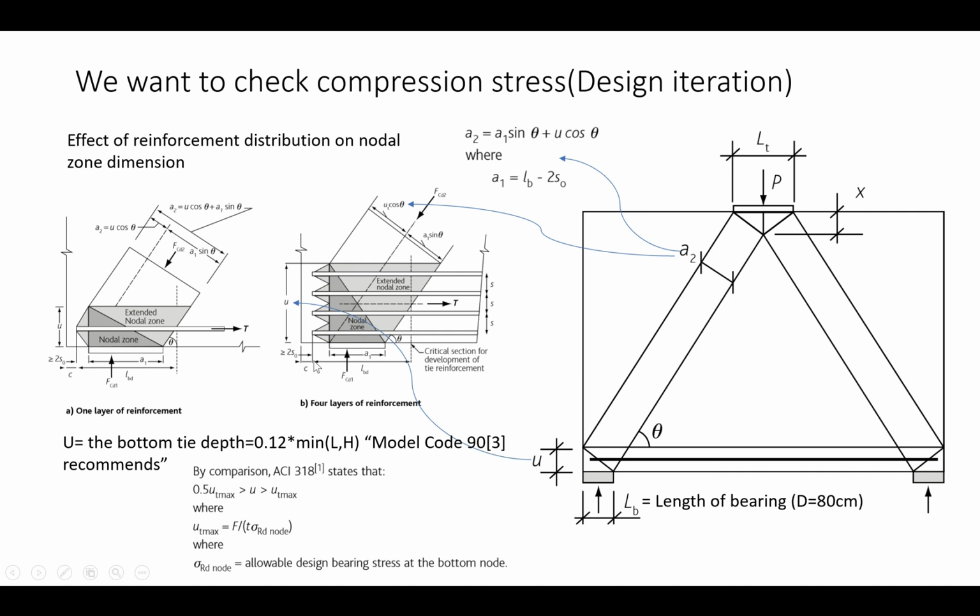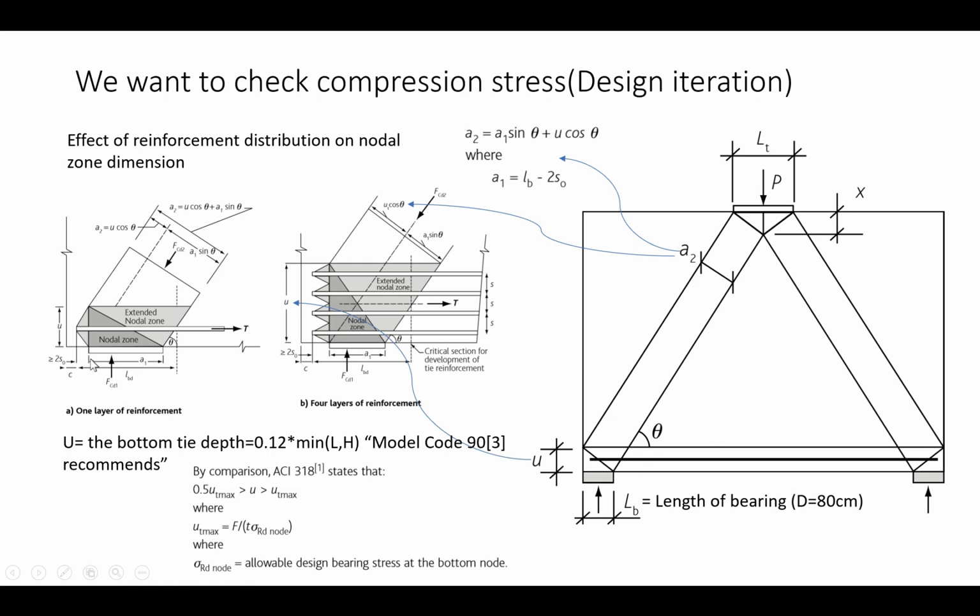And from here to here is the LB, the width of the support, or length of bearing. If you have the pile cap diameter D equal to 80 centimeter, then LB is equal to 80 centimeter.